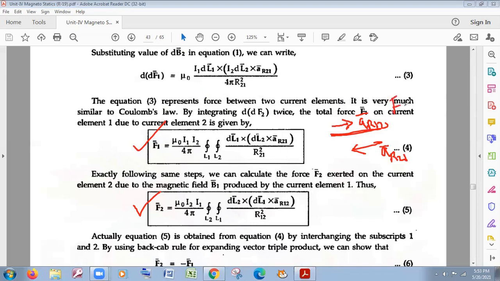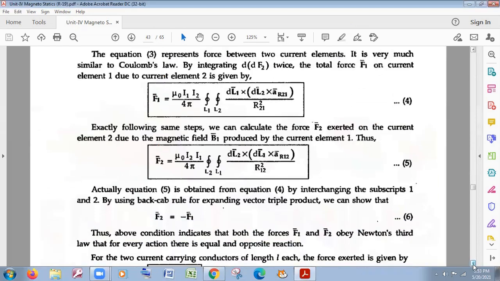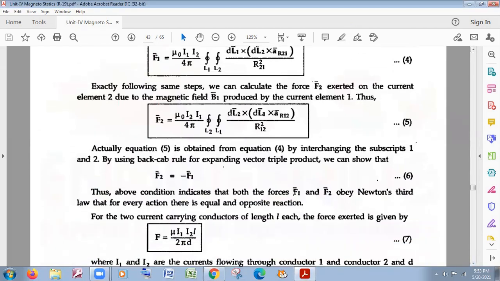The force is F1 here and the force is F2. F1 is equal to minus F2. Distance is the same, but the direction is different. So F2 is equal to minus F1, or F1 is equal to minus F2.